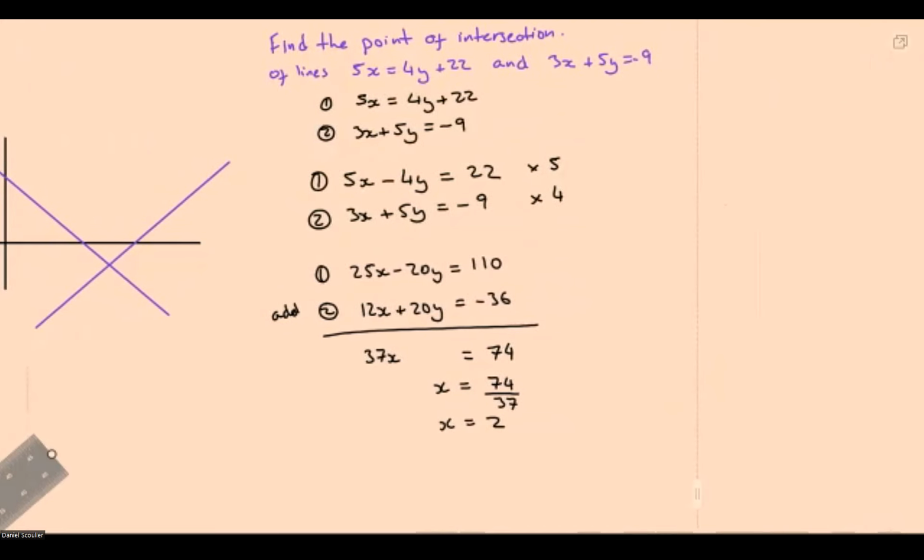I'm going to keep that there. Substitute x equals 2 into one of the equations. Equation 1 is fine. So 5x minus 4y equals 22.